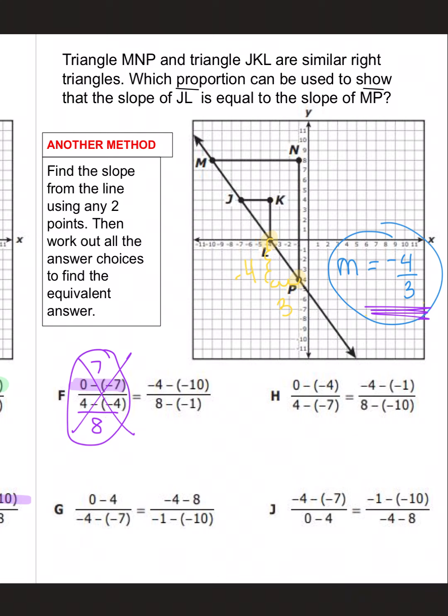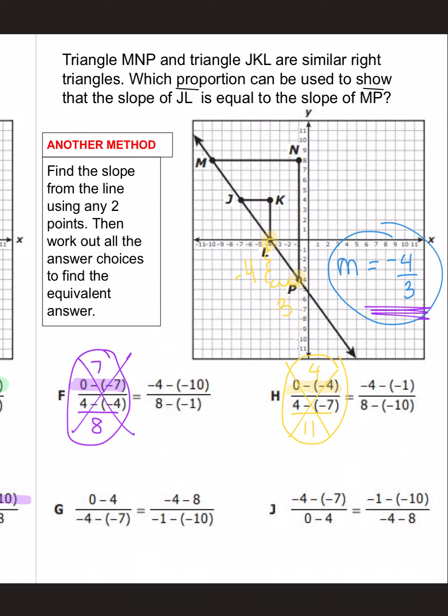Let me calculate here. We've got 0 minus, that's 4 again. Then I work out the denominator, so 4 minus -7 actually gives me 11. It was looking good, kind of, because of the 4 in the numerator, but that 11 is just no.